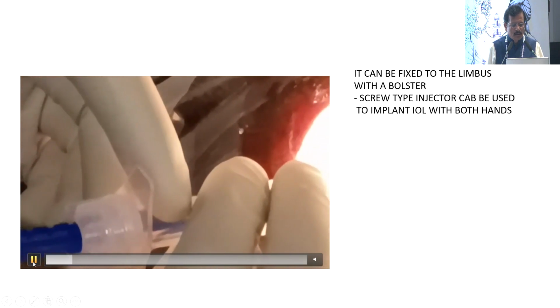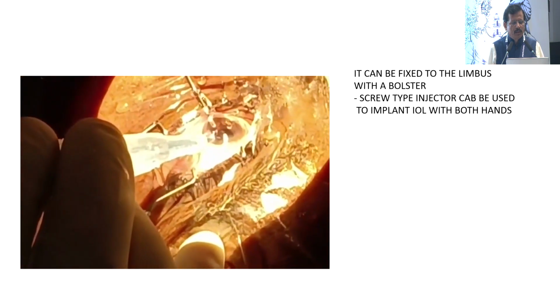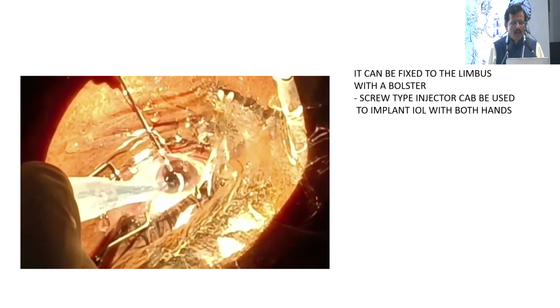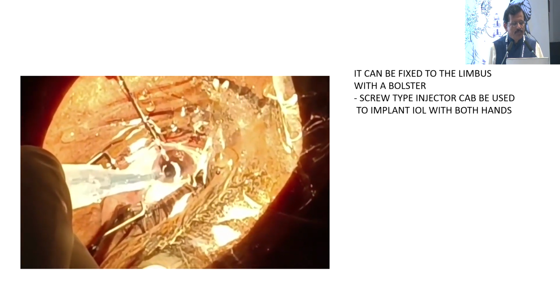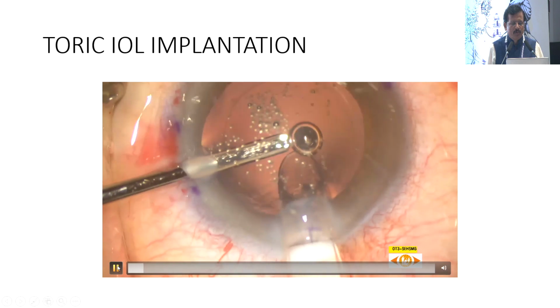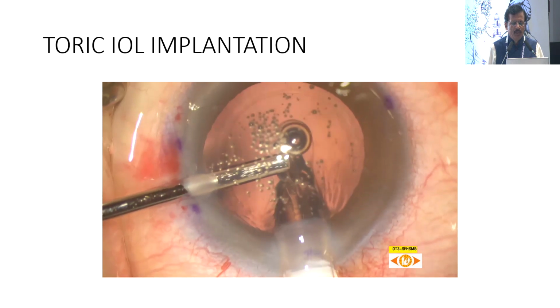In cases where there is a screw type of injector, this cannula can be attached to the limbus with the help of a bolster, and both hands can be used for implantation of the IOL. Even in cases of toric IOL, this cannula can be used.